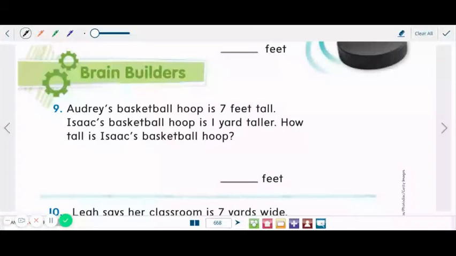But if you remember from our previous lesson, 1 yard is 3 feet. So, all right, if Isaac's basketball hoop is 1 yard taller, and Audrey's is 7 feet, we're going to have to do 7 plus 3 here.